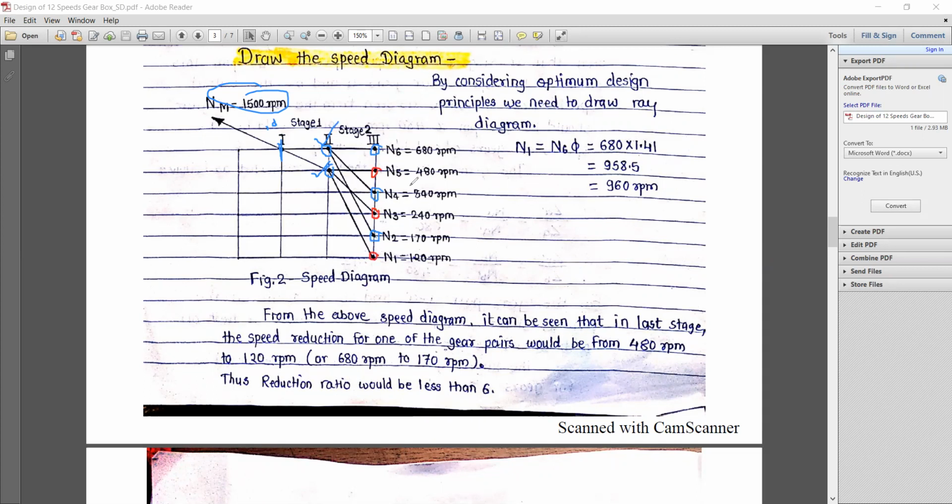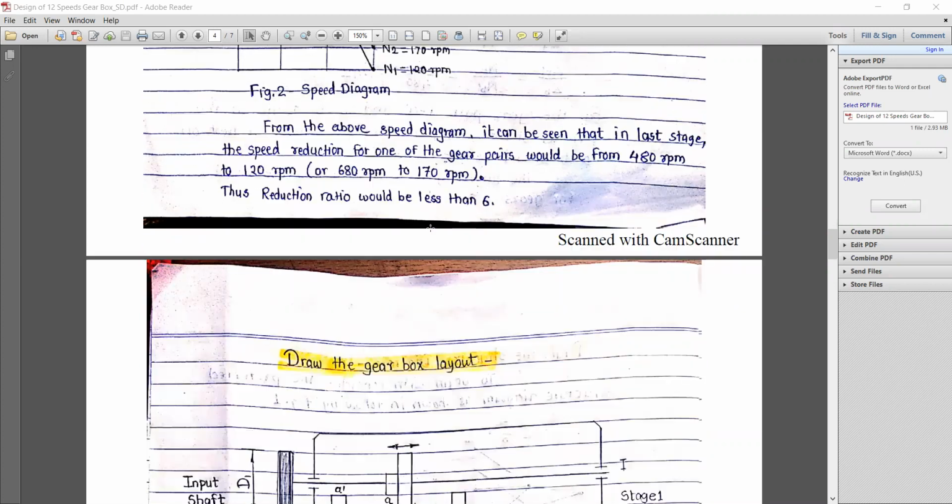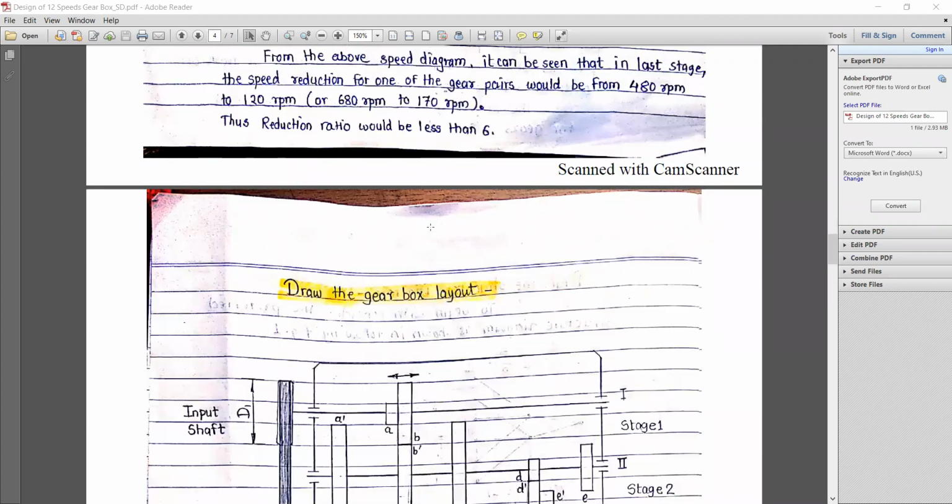In this manner you can split it all. When we find the reduction ratio, 480 divided by 120, the reduction ratio is near about 3, which is much less than 6, so we can use spur gears here.